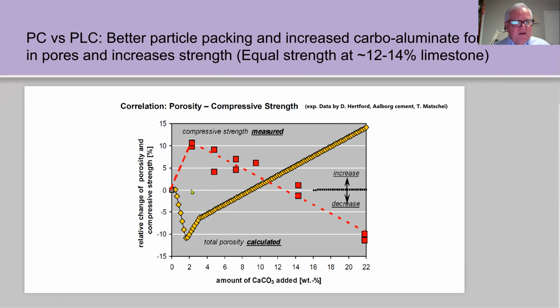When we add 2 or 3% limestone, the strengths went up by 10%, and the porosity went down, as you'd expect. As you add more limestone, the strength started to come back down, but by the time it got back to the neutral place, it was out about 12, 13% limestone to be as good as 0 limestone. And the porosities are about the same.